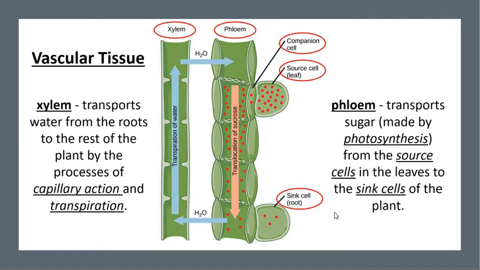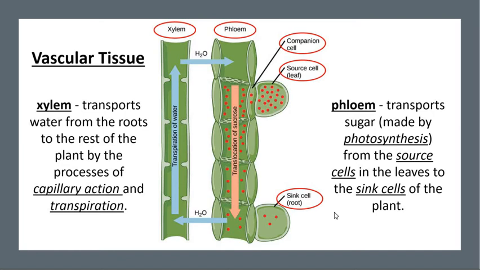Now, a source, where things come from. Okay, a source cell, it's just kind of a generic cell in the picture, is primarily a cell that makes a lot of sugar. So usually it's going to be, like you think of, a leaf. There are a few stems that have some photosynthesis, but primarily for plants it's leaves.